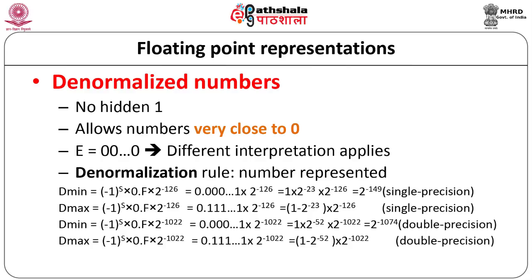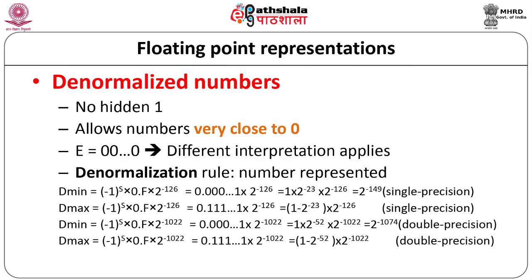In denormalized notation, the floating point has no hidden 1, that is no implied 1. This allows floating point numbers to define numbers very close to 0. The minimum and maximum denormalized floating point numbers are shown below.